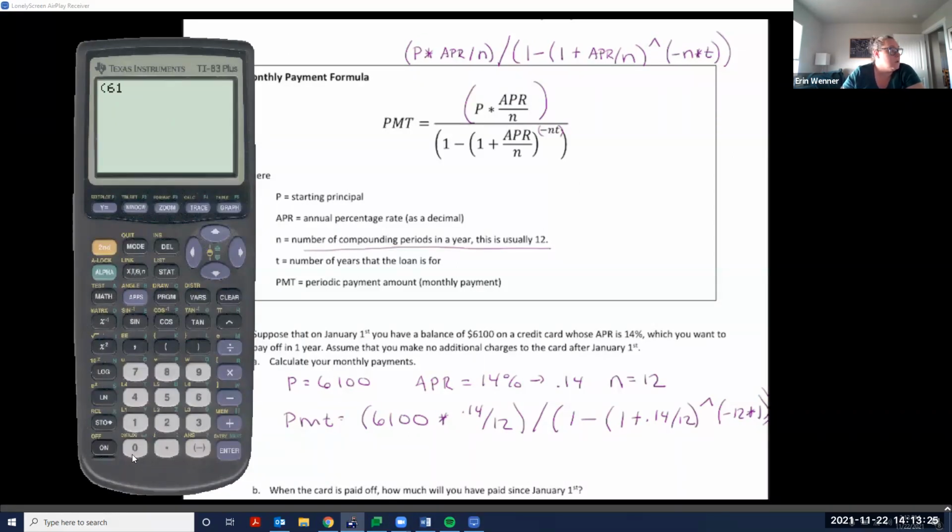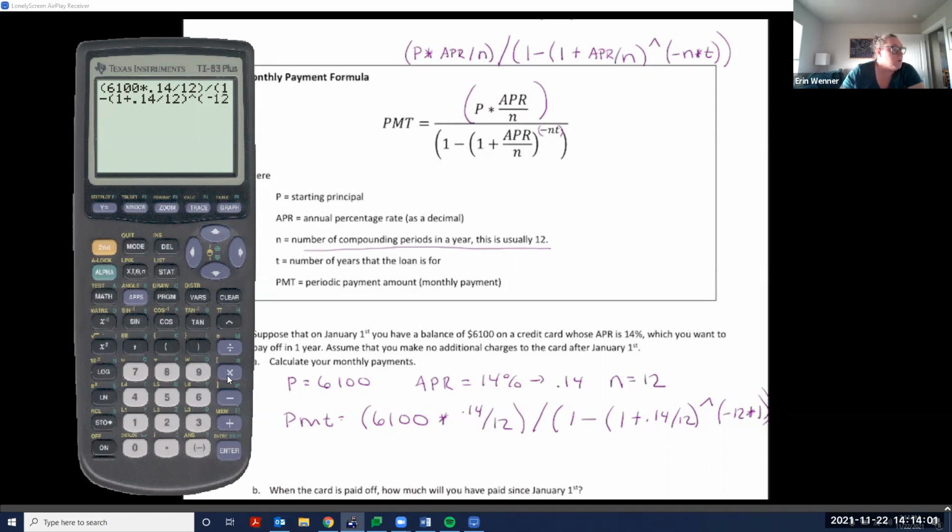We're going to do 6,100 times 0.14 divided by 12, and parenthesis, division, 1 minus, 1 plus 0.14 divided by 12, and parenthesis, caret, parenthesis. That negative sign in front of the 12, you have to use this little negative down here that's in the parenthesis. Don't use the subtraction symbol. It'll make your calculator mad.